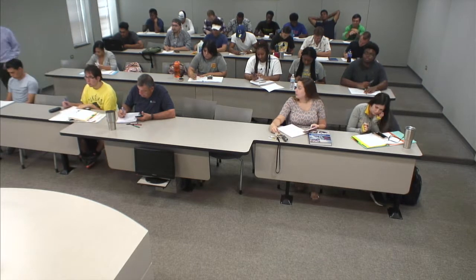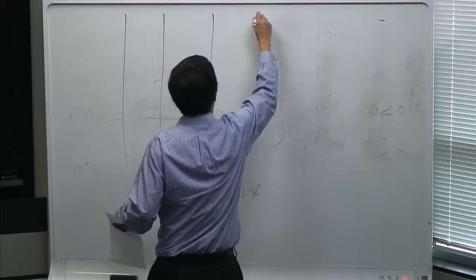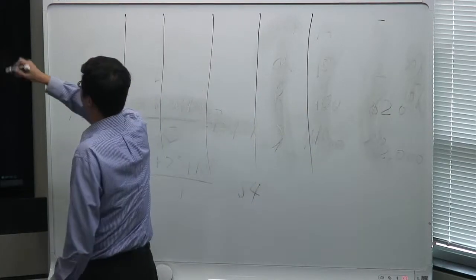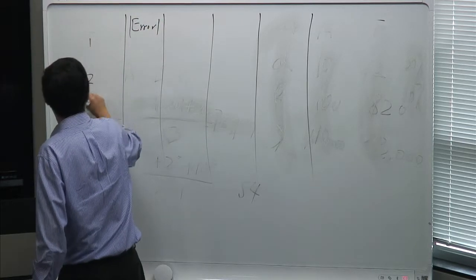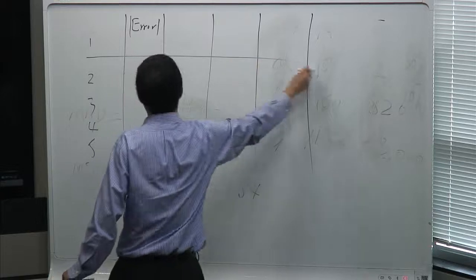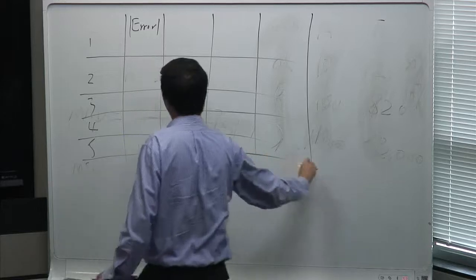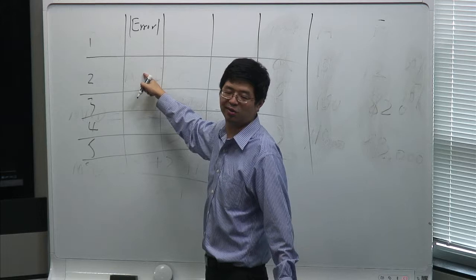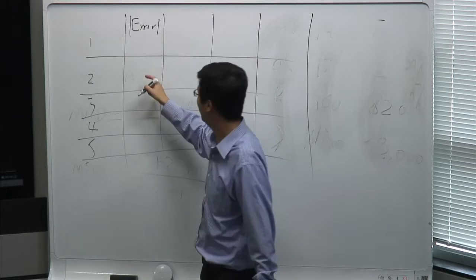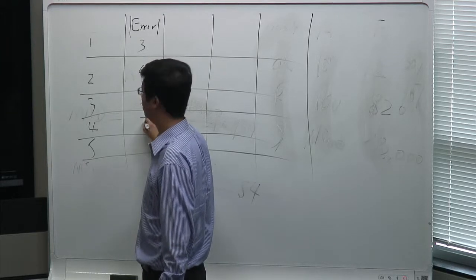Okay, let's do that together. I will skip the error part and first jump to the absolute value of the forecast error for periods 1, 2, 3, 4, 5. I need a volunteer to tell me the absolute values. 3, 4, 4, 3, 2, 1.